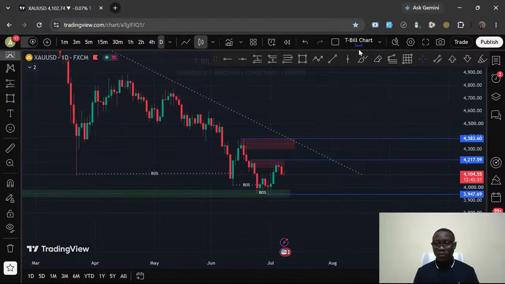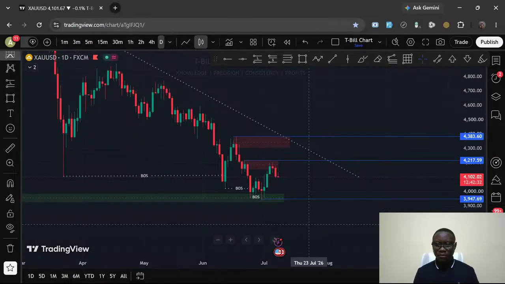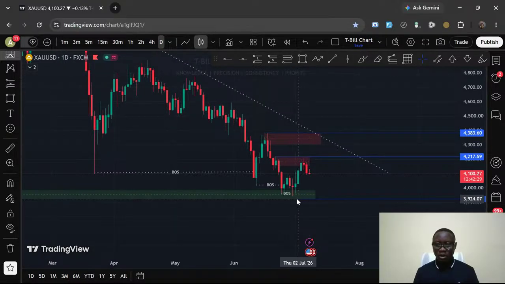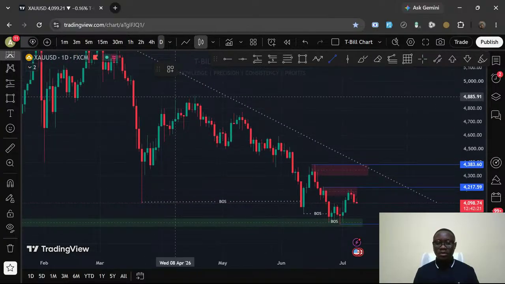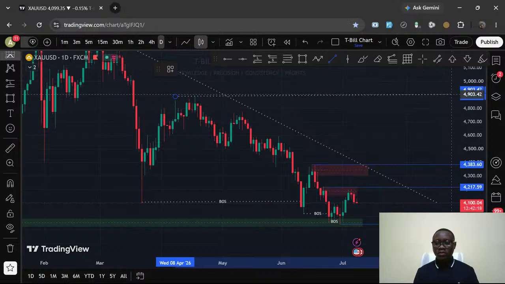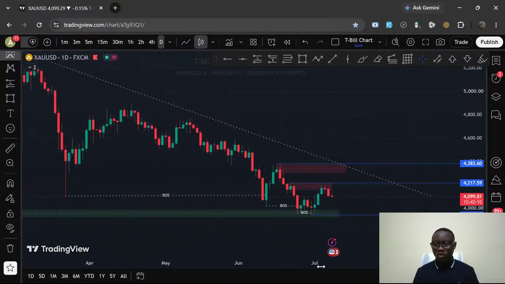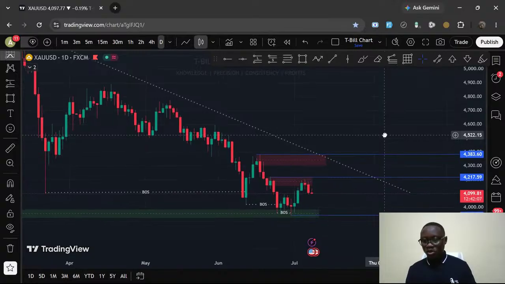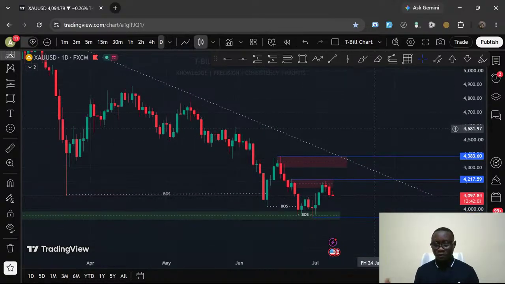Again, if it fails, because gold is showing a potential bullish trend, but I think it's too early to say we are bullish, not until this high is taken out. Then I can confidently say that we are bullish on gold, but until then, we are still heavily bearish, right? So let's focus more on sell opportunities. That is not to say we cannot take buy opportunities.